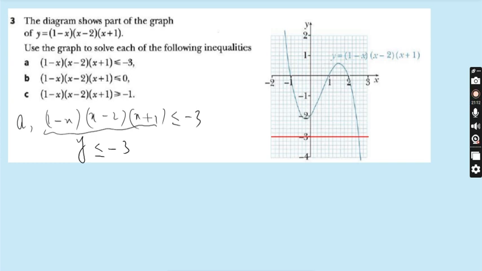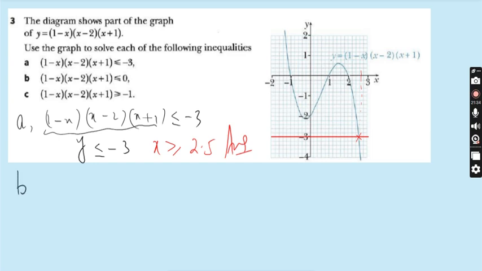So obviously only one value of x, read carefully, 2.5. So the answer is x is greater than or equal to 2.5. This is the final answer of part A.